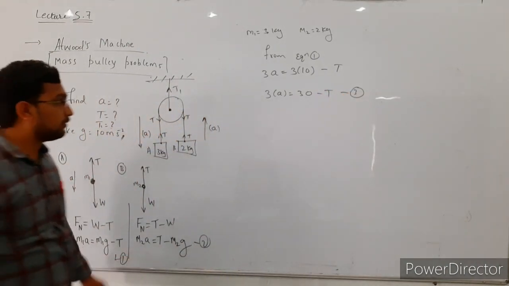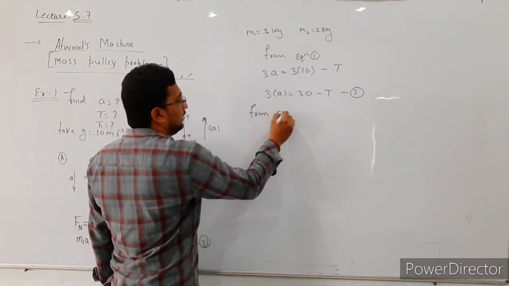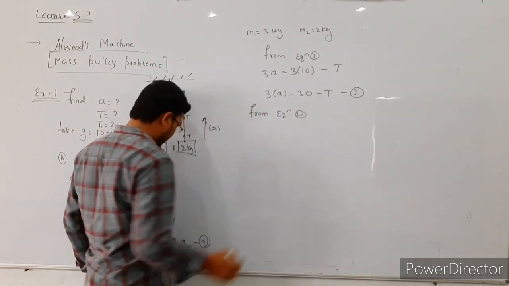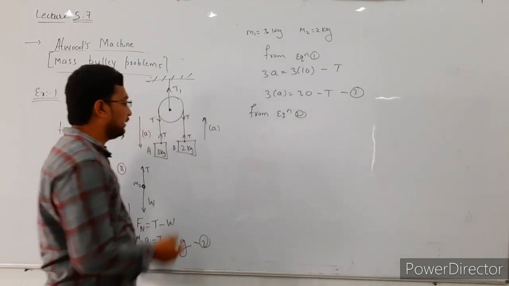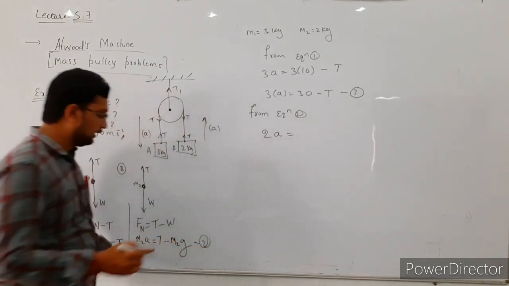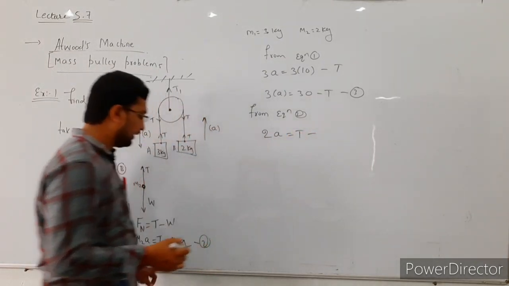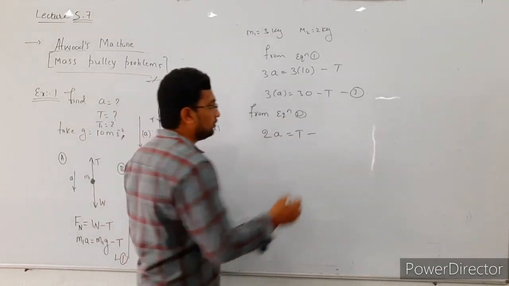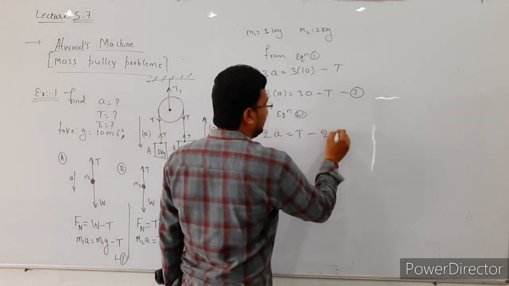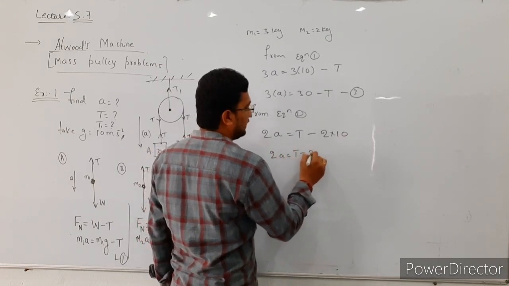Next, from equation number 2, m2 into a, where the m2 value is 2, gives 2a equal to tension T minus m2 into g. With m2 as 2 and g as 10, 2a is equal to T minus 20.